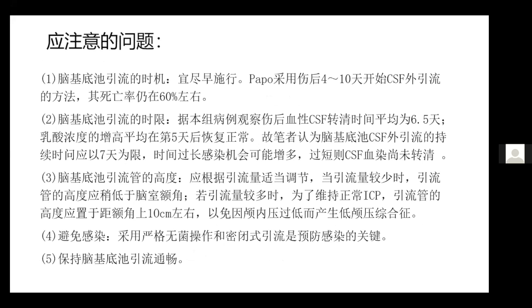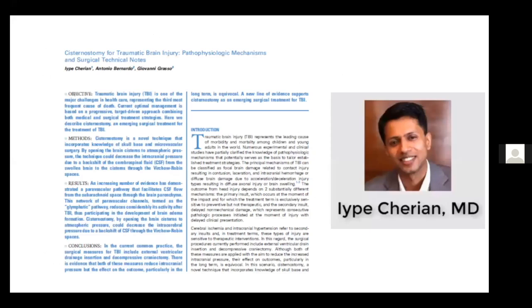They used this drainage for about 5 to 7 days, with the drainage tube height at 10 millimeters. So it is a very good result.